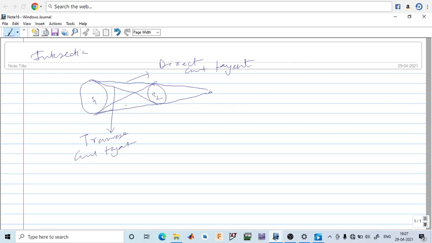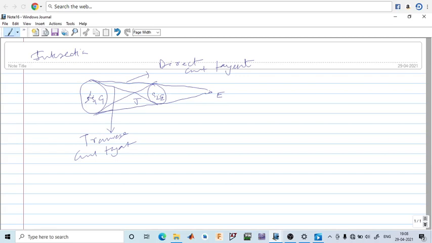So let us write: suppose this center is C1, this center is C2. Suppose this point is J, and let us consider this one as E, right?